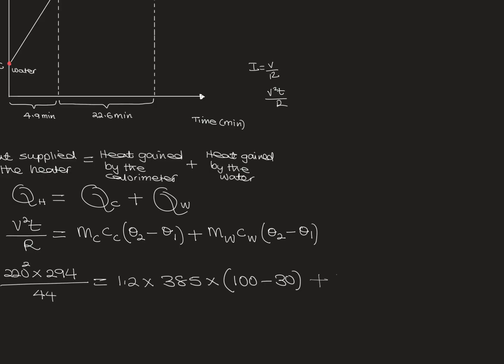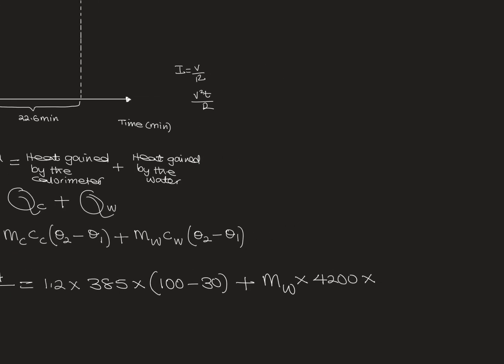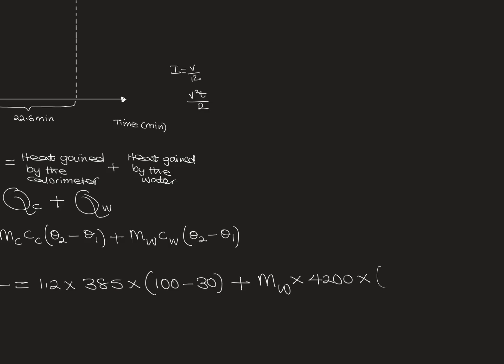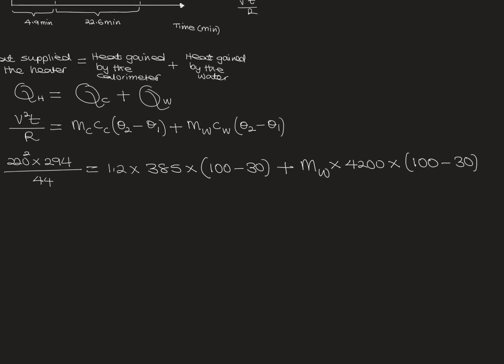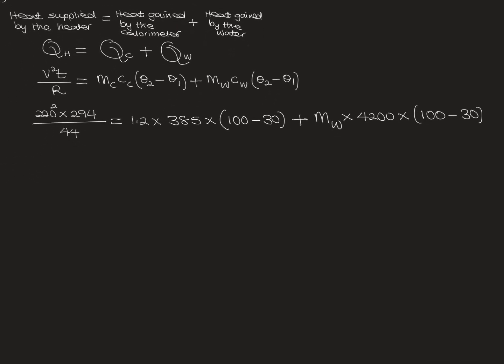Plus the mass of the water, which is what we're trying to find, times the specific heat capacity of the water, given as 4,200 joules per kilogram per Kelvin, times the change in temperature, theta 2 minus theta 1, which will be 100 minus 30. So 220 squared multiplied by 294, and if you divide by 44, you have 323,400.